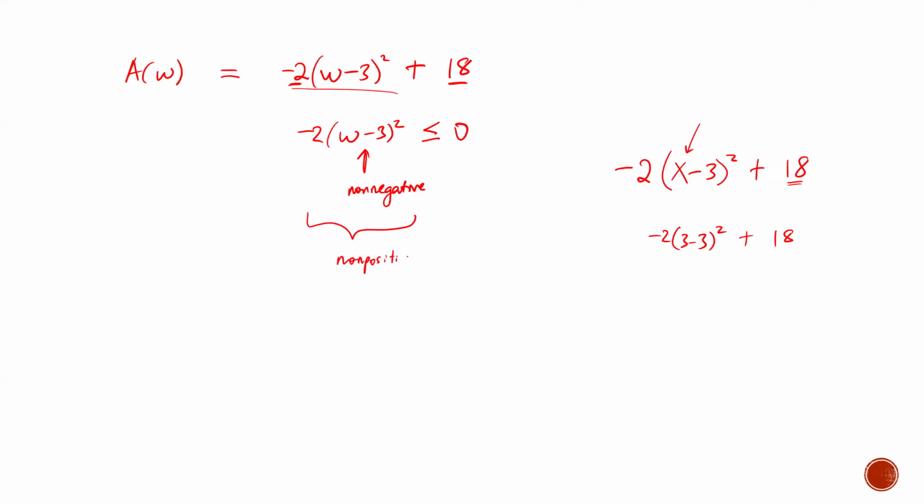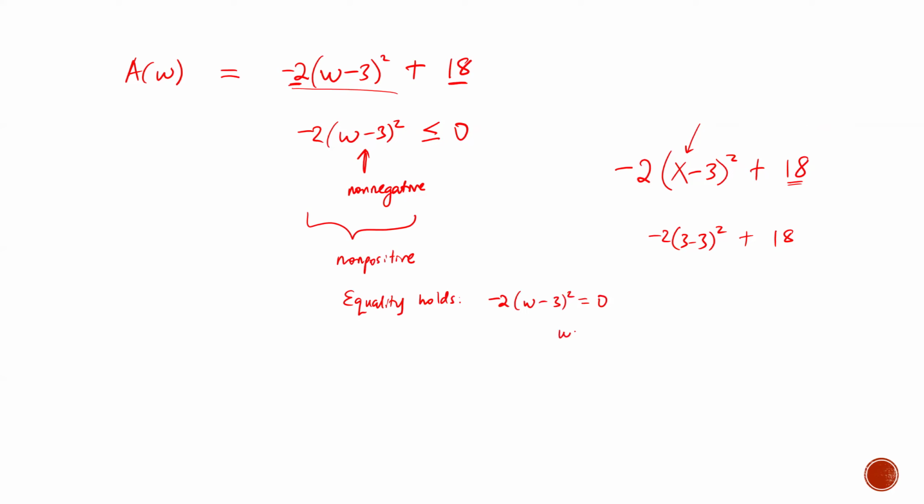And if it's non-positive, that means its maximum value is 0. Because its maximum value is 0, I'm saying it's less than or equal to 0. And equality holds, that means I'm talking about the case when it's equal to 0. So when does equality hold? Equality holds when -2 times W minus 3 squared is equal to 0.